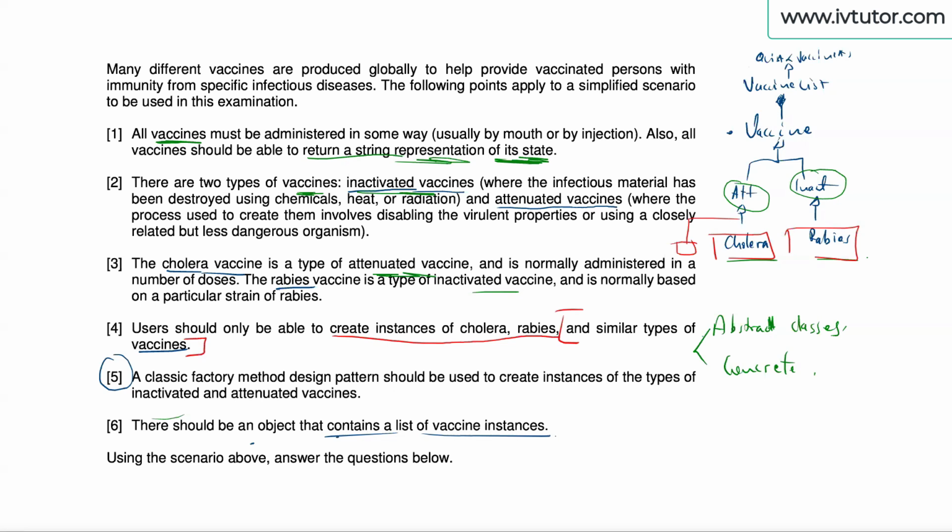So you wouldn't be creating instances of attenuated or instances of inactivated, because that's an intermediate subtype. The actual concrete classes that you create are these ones, which was also sort of a hint that your actual concrete classes are cholera and rabies.